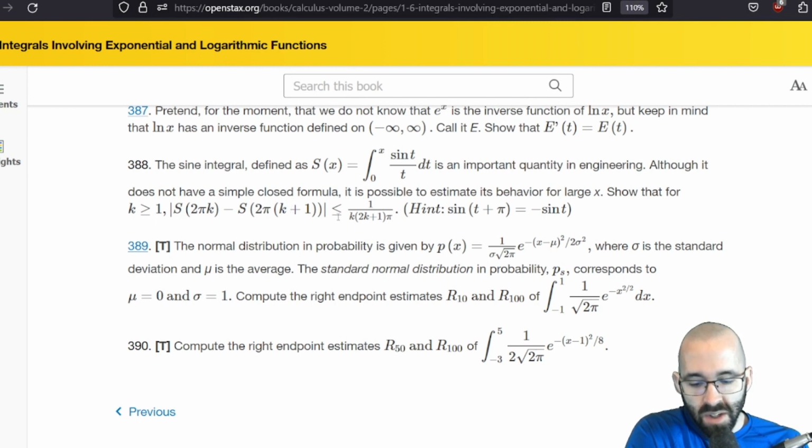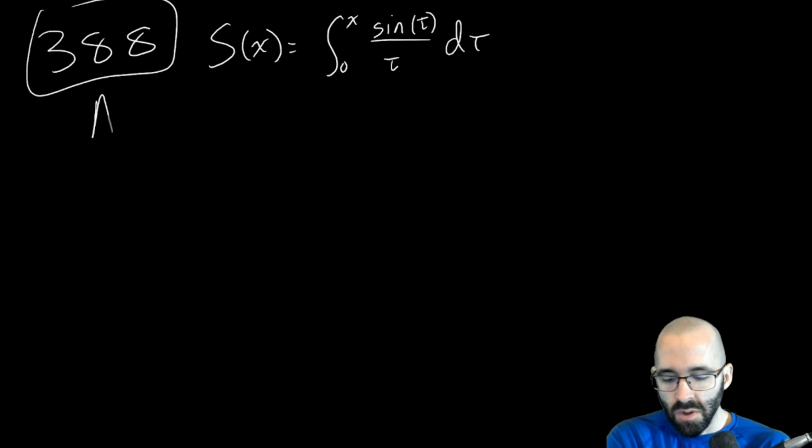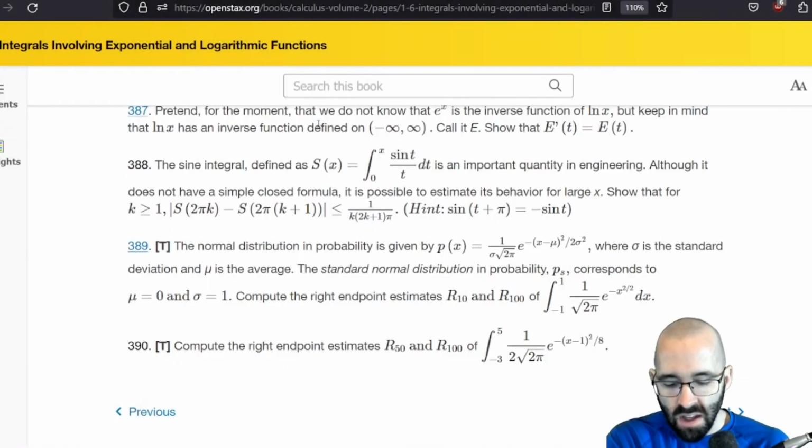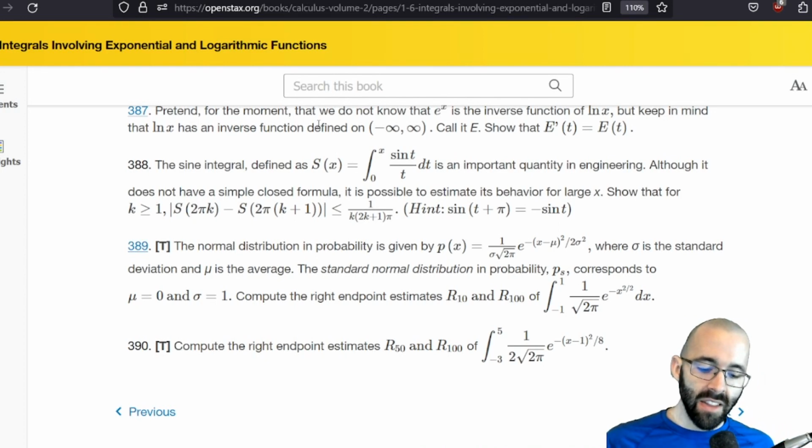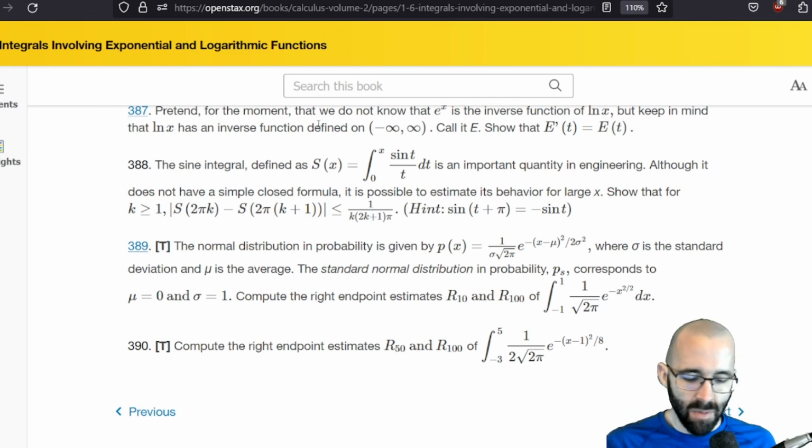Do not get overwhelmed at this. We're trying to prove something. So we're going to assume k is bigger than or equal to 1. We're going to start with one of those sides, your choice, and try to get that thing is less than or equal to the other side, or greater than, depending on which side you choose.